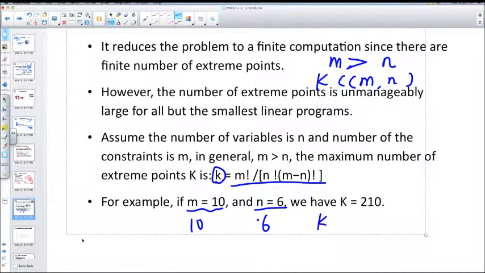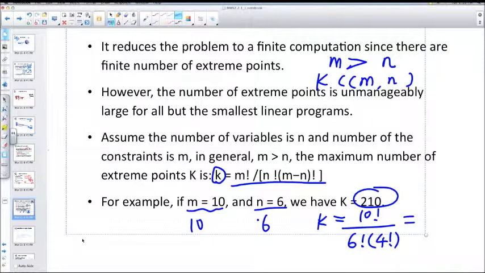That will be 10 factorial divided by 6 factorial, and then 10 minus 6 is 4 factorial. That will be 210. Basically, you need to solve 220 equations to find all those extreme points. That's not a practical way to do it.